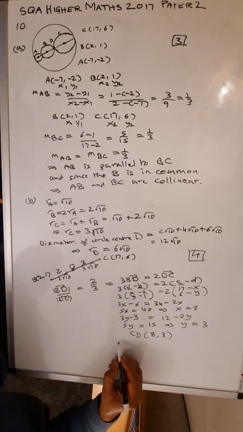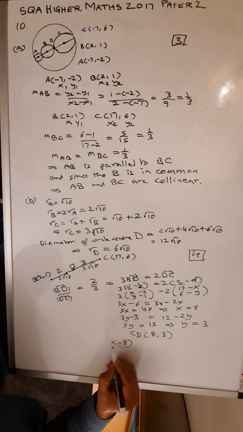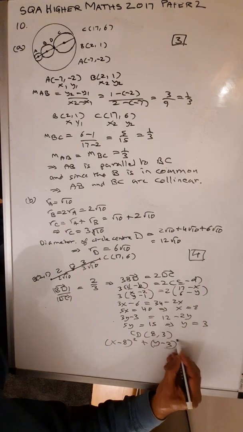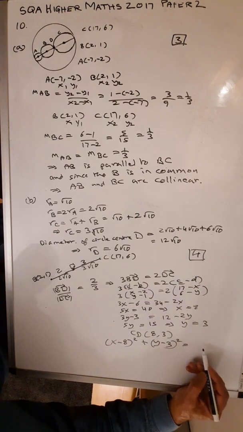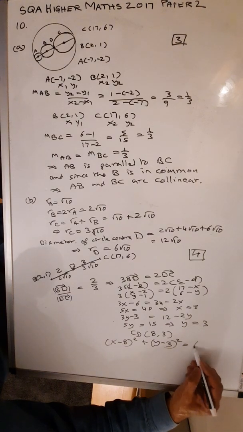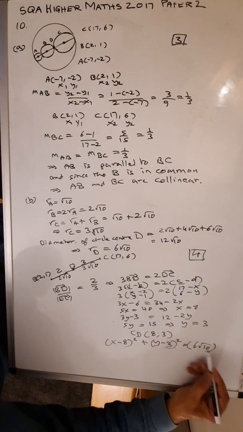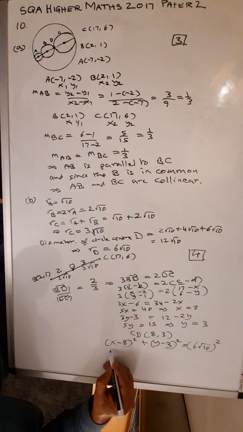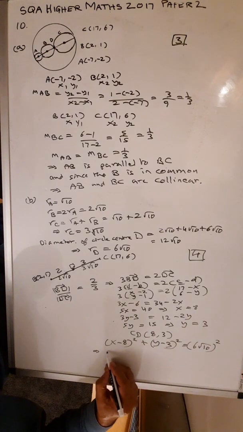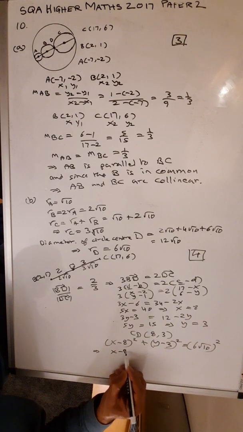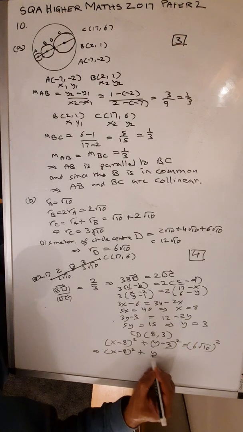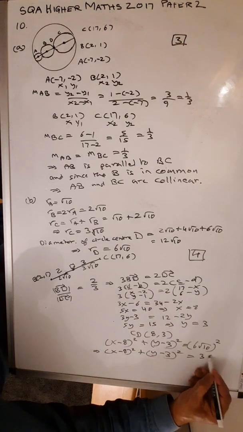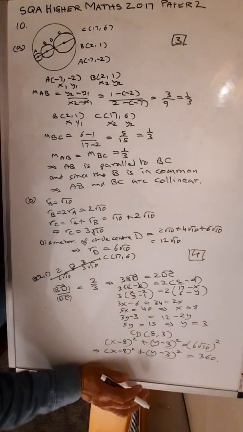So the equation of the circle is (x minus 8) squared plus (y minus 3) squared is equal to the radius you've already found, 6 root 10, all squared. That gives you 36 times 10, which is 360. So this circle has equation (x minus 8) squared plus (y minus 3) squared equal to 360. That's your equation for that circle.